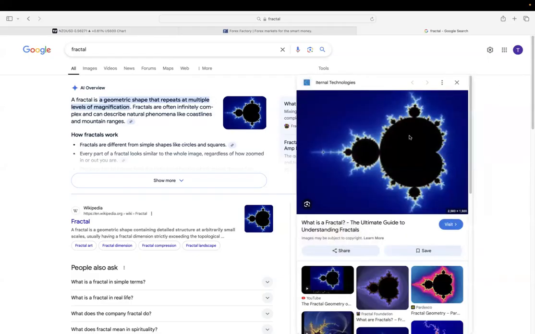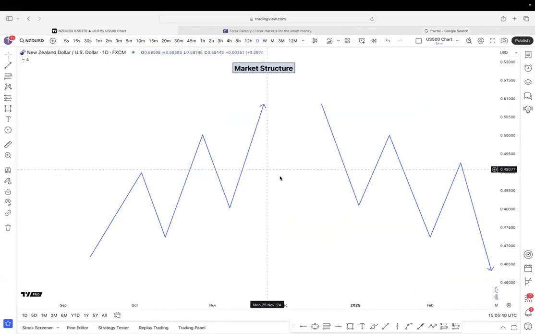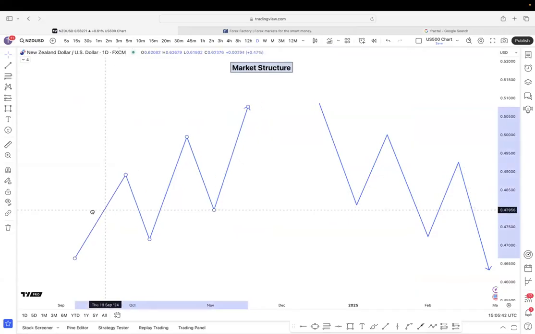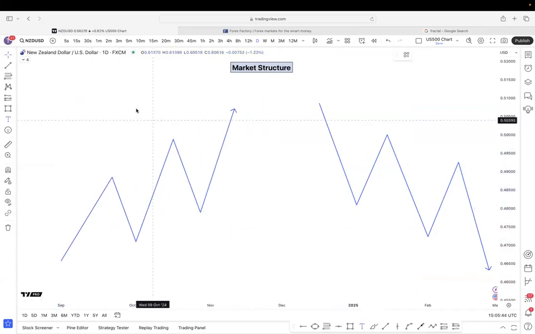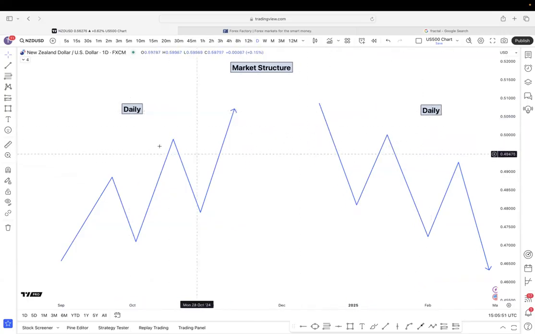So we're looking to utilize price action in the exact same way because let's imagine just for a second this is a daily time frame and over here is a daily time frame as well.